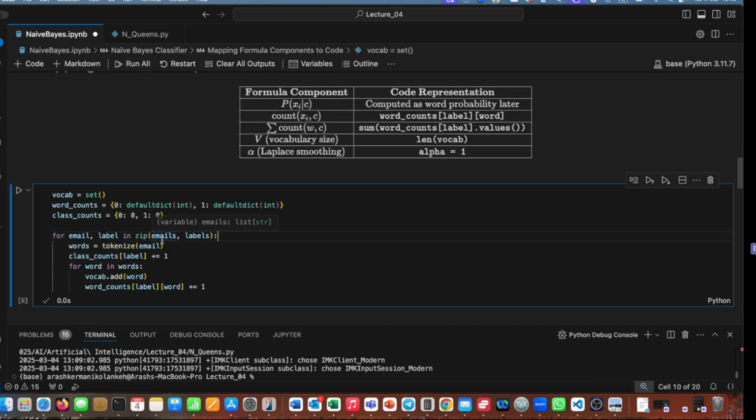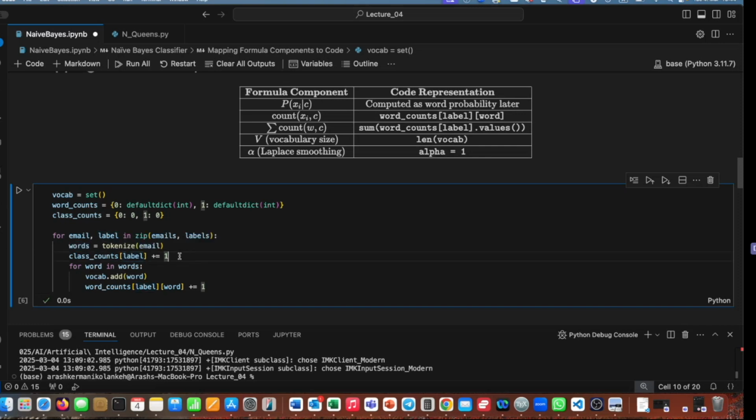It loops over all emails and their labels. Take them as couples. So one by one, first email together with the first label, second email and the second label together, turns the emails to the list of words, and based on the label.